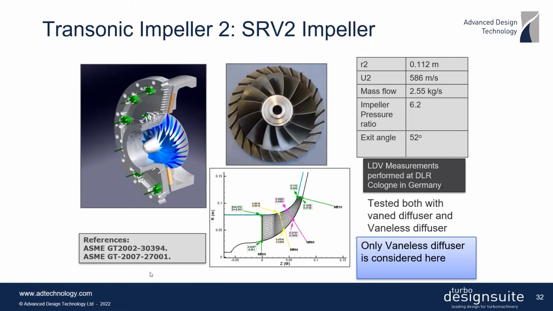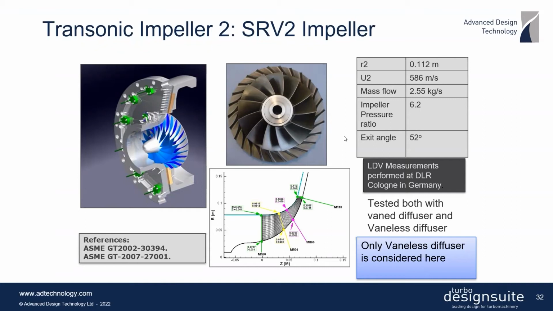And they actually looked at this impeller and they tried to improve its performance by making changes to the meridional shape and blade angles. And they did about 24 different geometries. And at the end of this work, what they found is that they can improve the performance by about 2 points at 100% speed. But actually the performance at other speeds, such as 90-80% speeds, was in fact less than the baseline SRV2.